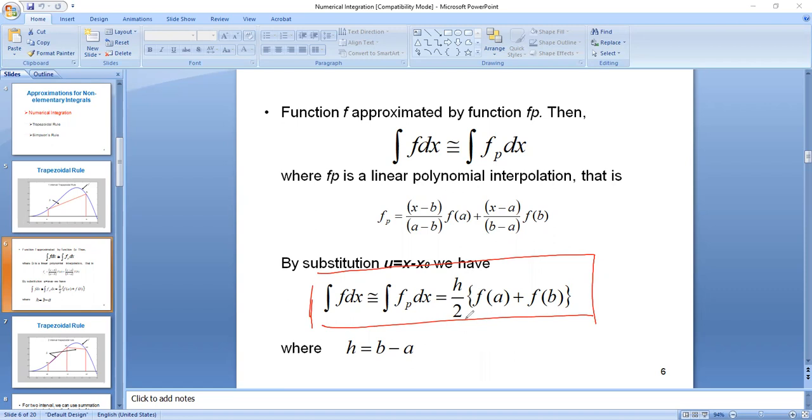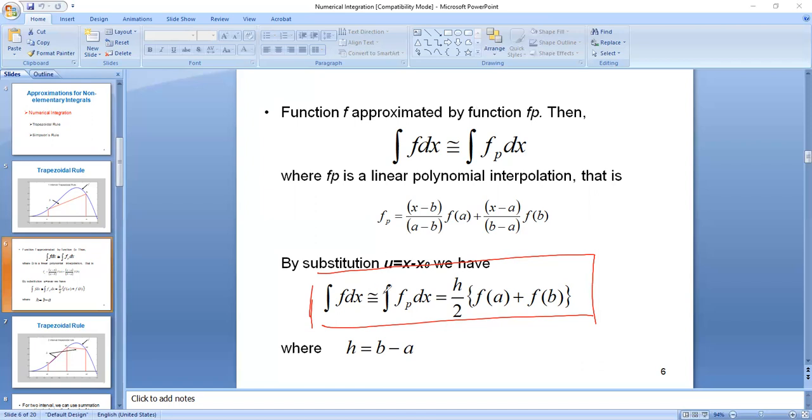It's h over 2 times the value of the function, whatever is the function here, the integrand. You just substitute a for all the variables that you can see there, and that would be the value of your function at a. That's f of a. Then you also get f of b. The sum of f of a and f of b, with a and b being the limits of integration, will be multiplied by h divided by 2.